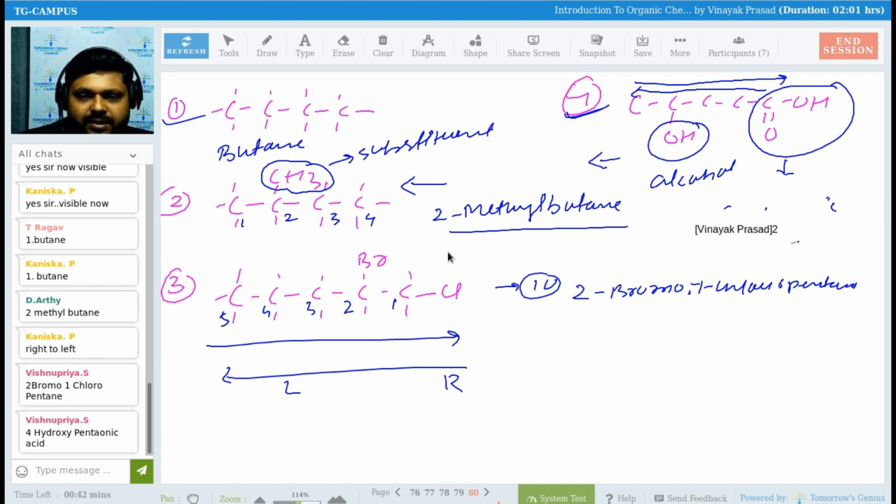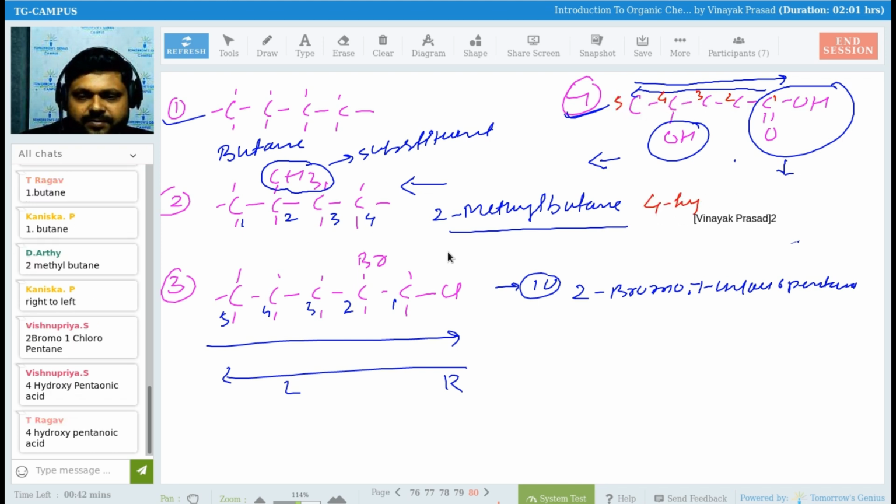So the name for this compound will be what? 4-hydroxy. Yes, good answer. Because one carbon, second carbon, third carbon, fourth carbon, fifth carbon.